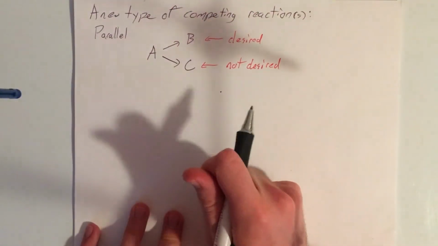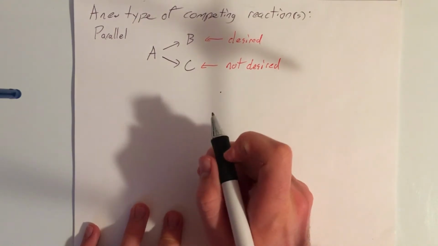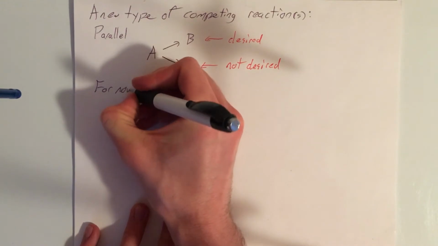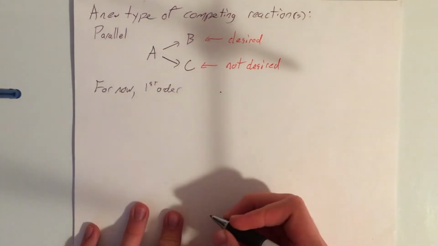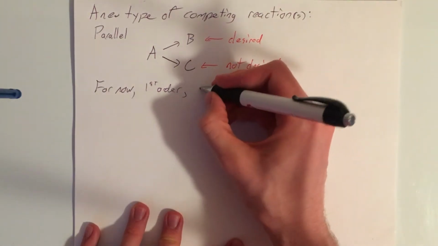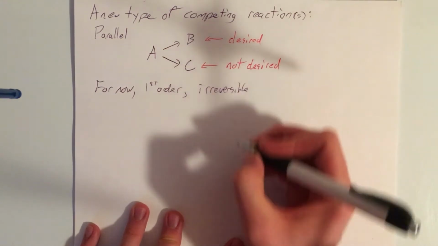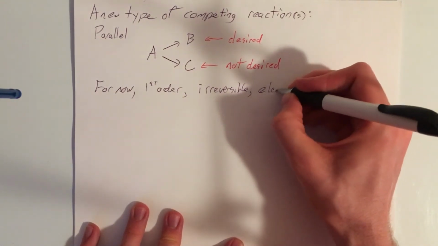But for the rest of this lecture, we're going to talk about the simplest case, where for now we'll just consider first order for both reactions, and we'll consider the irreversible case. And we'll also consider them to be elementary reactions.